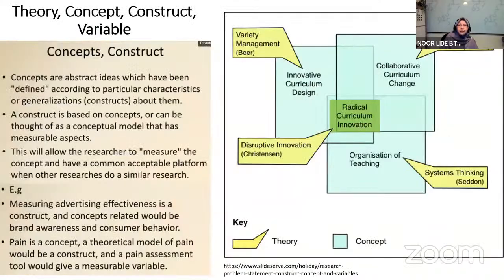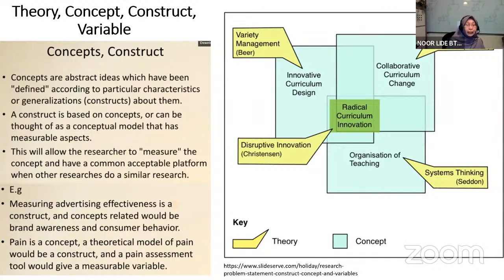Sometimes students get confused between concepts and constructs. So what's the difference? Concepts are abstract ideas like beauty. Beauty is a concept. Tiredness, lethargic, all these are concepts. There are some concepts that are very abstract, and some concepts that are very easily measured.